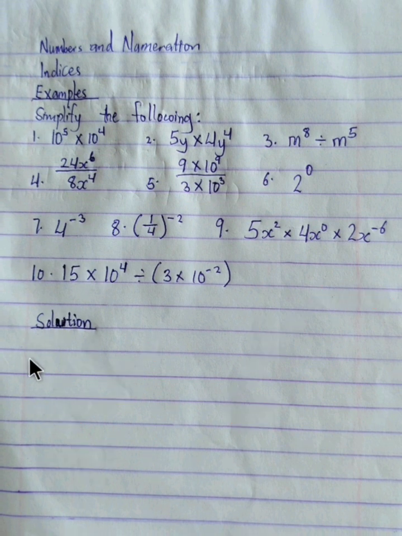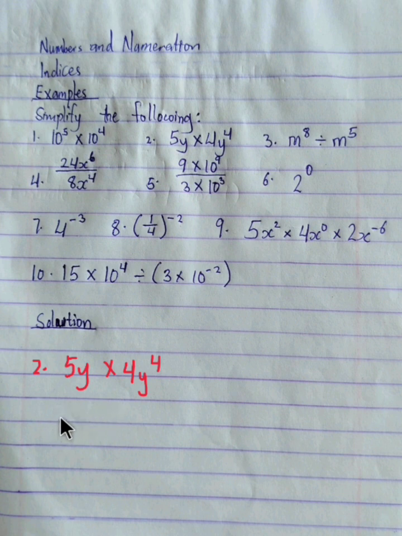In example 2, we have 5y times 4y raised to the power 4. 5 and 4 are ordinary numbers, we call them constants.